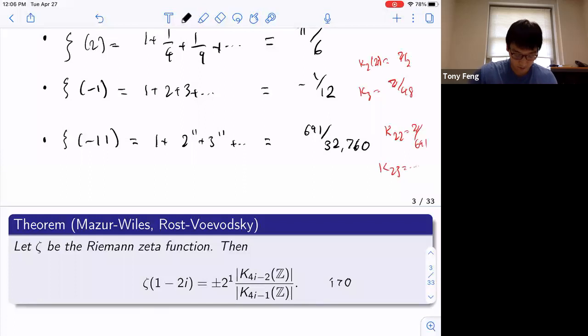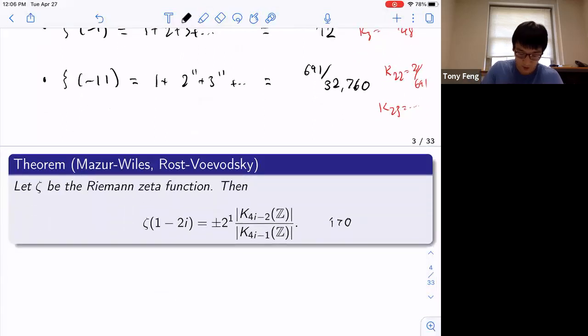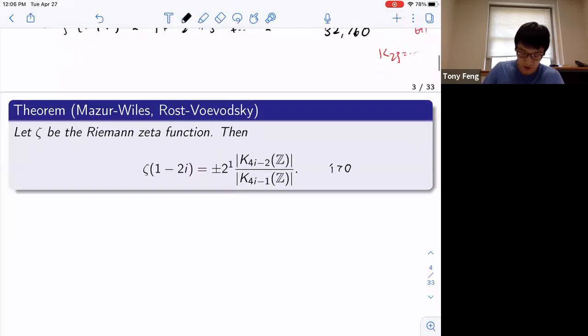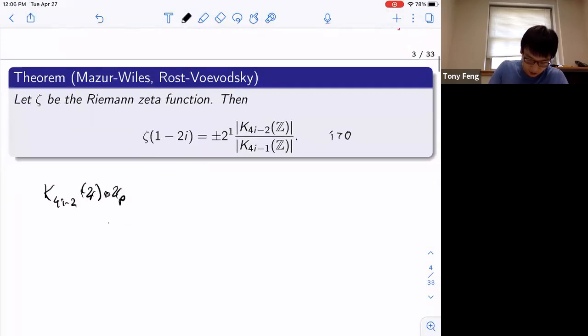So I want to say a little bit more about where this equality comes from. I think it's a combination of two different statements, each quite interesting. One is the statement, let's just talk about the numerator, that this K-group, if I tensor with Z_p, is isomorphic to a certain étale cohomology group.